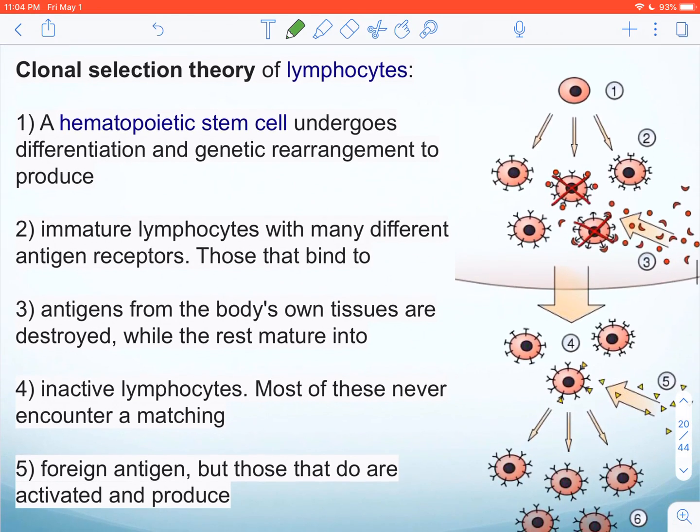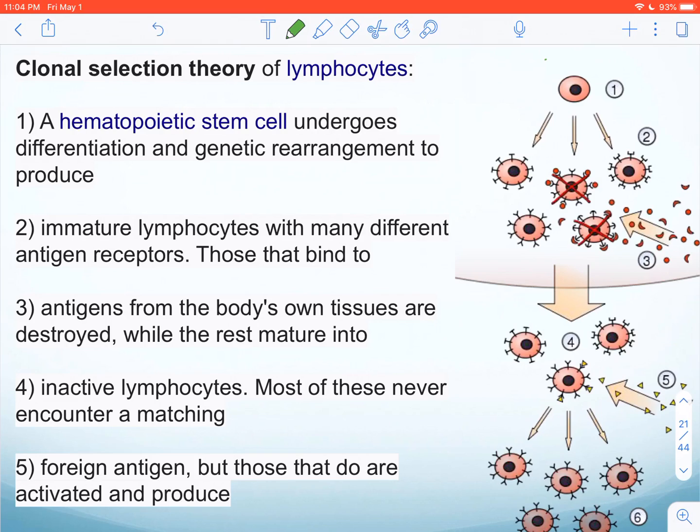Here is the clonal selection theory. You have a B cell that has no antibodies. It randomly generates all of these antibodies, and some of these antibodies react to the human that they're in.